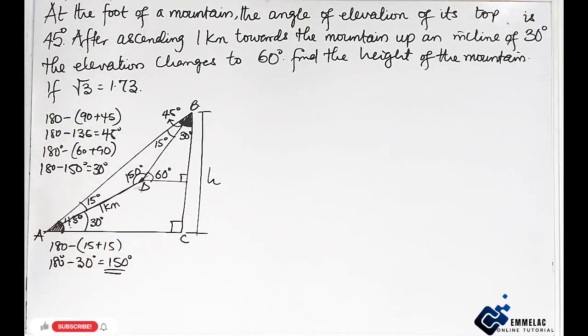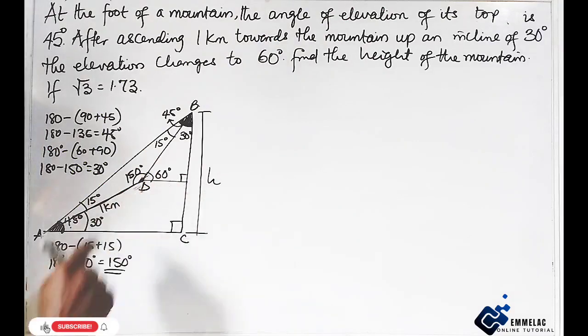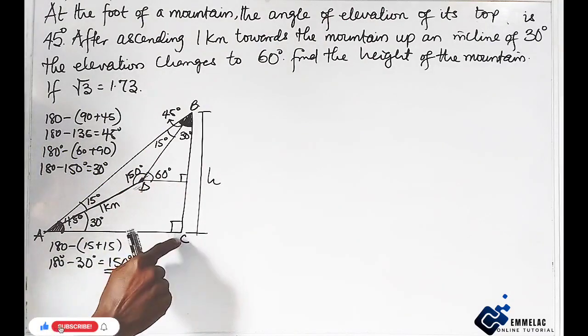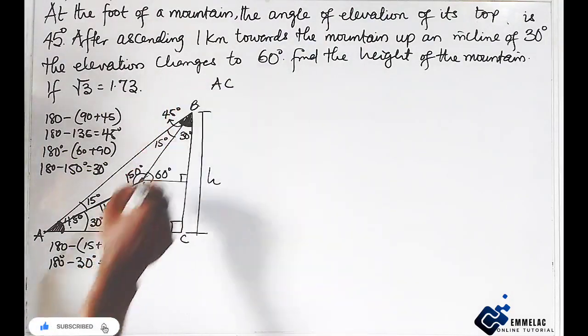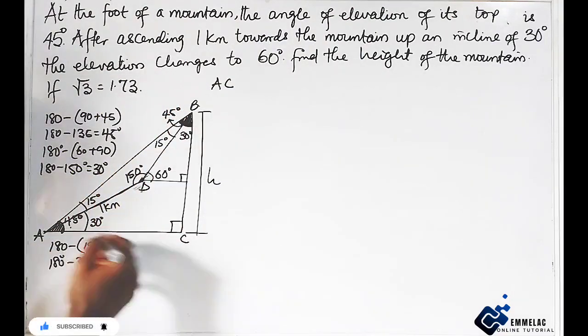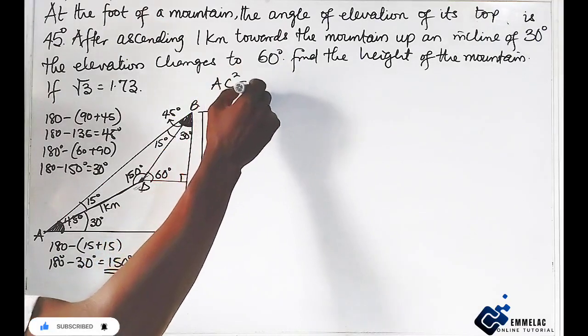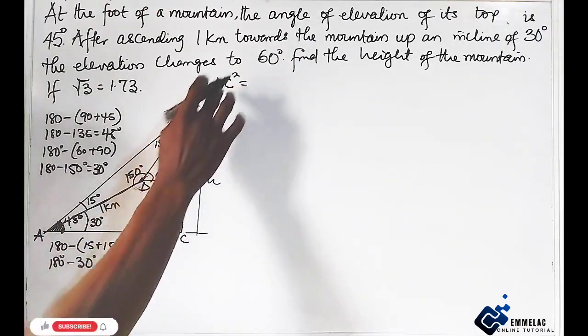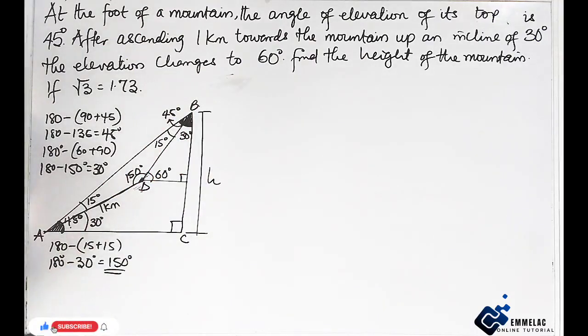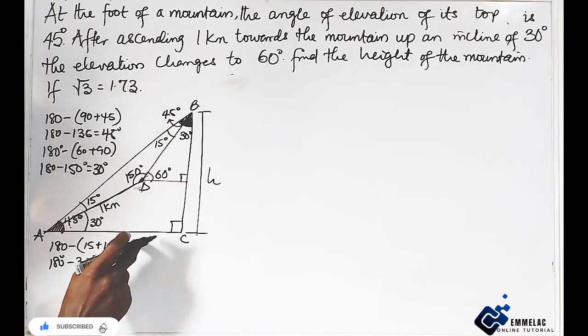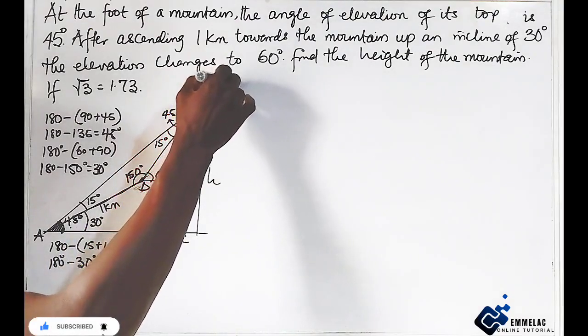All right. Now since here is H, let us find this side. Since it's a right angle triangle, we could use the Pythagoras theorem, but let us use SOHCAHTOA first, since this is an angle on one side and we're looking for the other side.